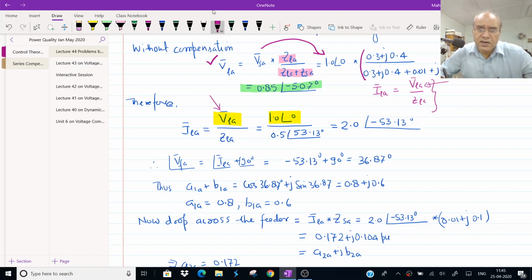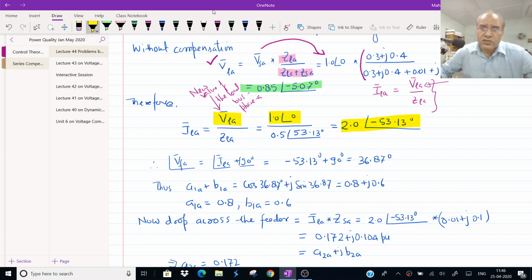The DVR must maintain load bus phase A. Okay, and this gives the current of 2.0 angle of minus 53.13. So this current is 2.0 angle of minus 53.13.